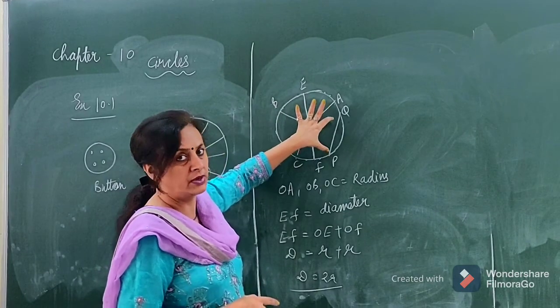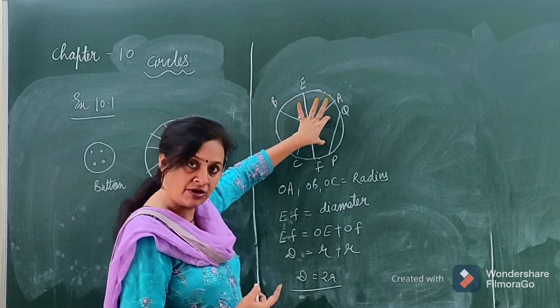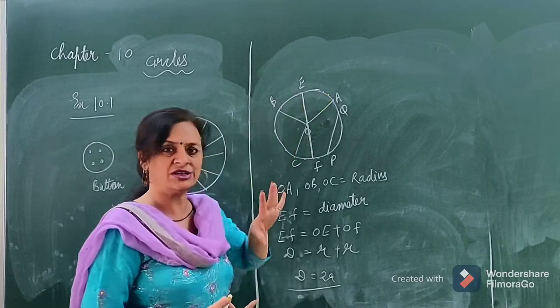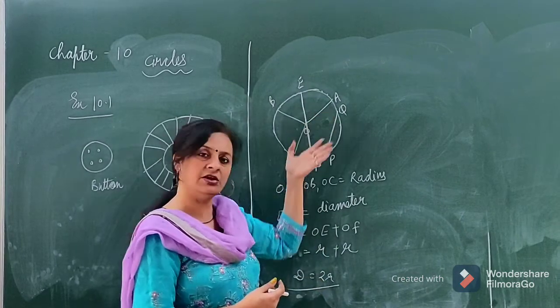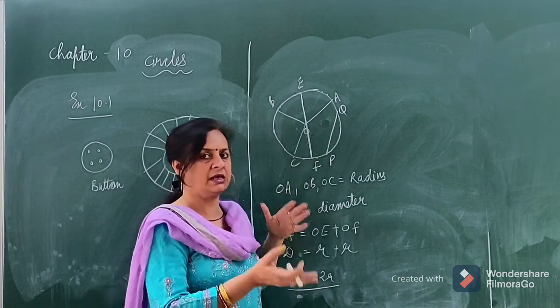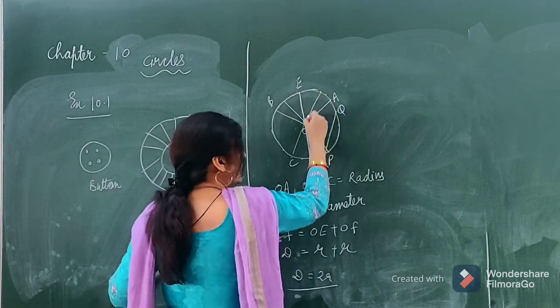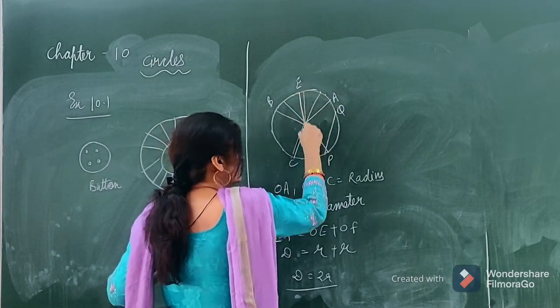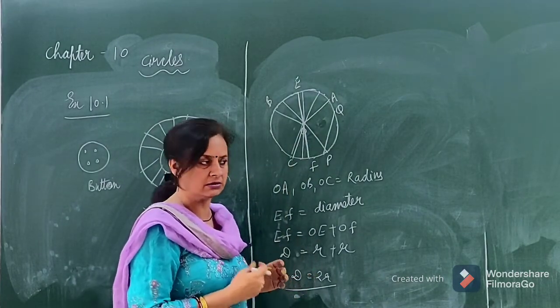This chord is not passing through the center, so we will call it a chord. The question is, how many radii are there in a circle? There are infinite radii, same as there are infinite diameters. You can draw infinite diameters, and the question is, how many chords are there? There are infinite chords in a circle.